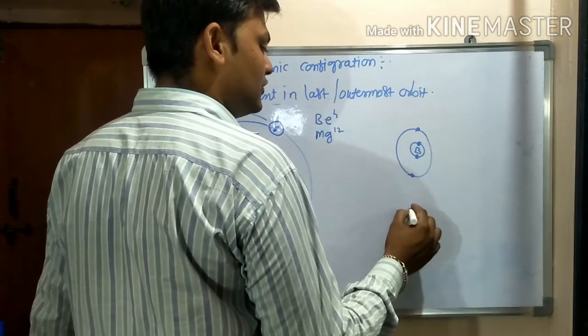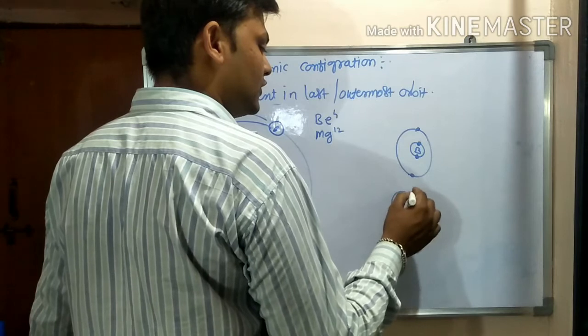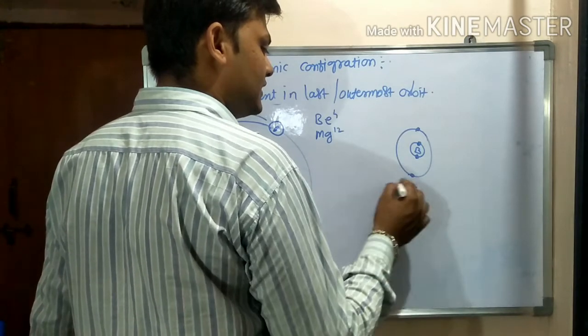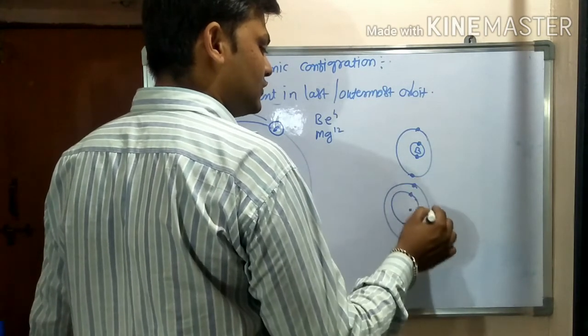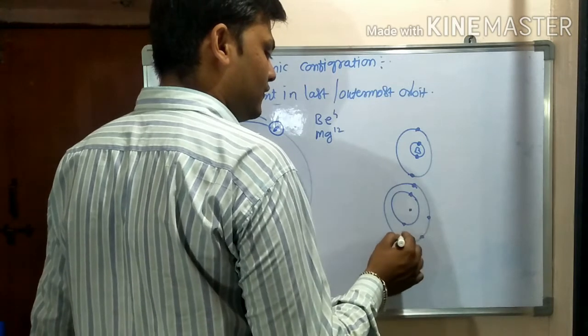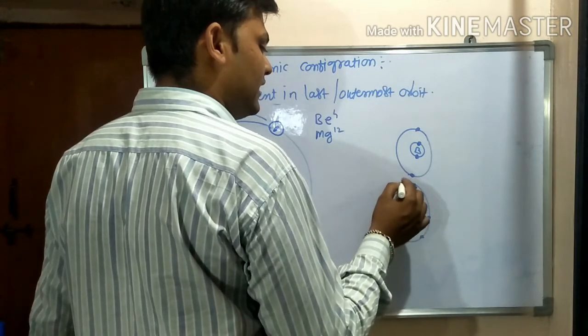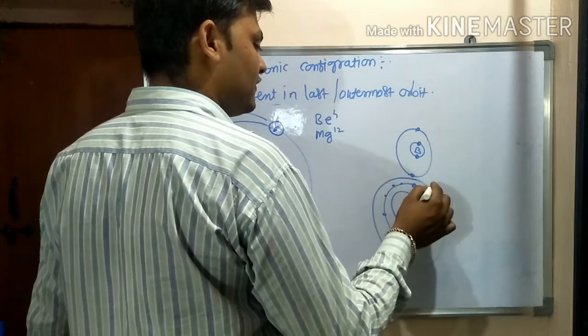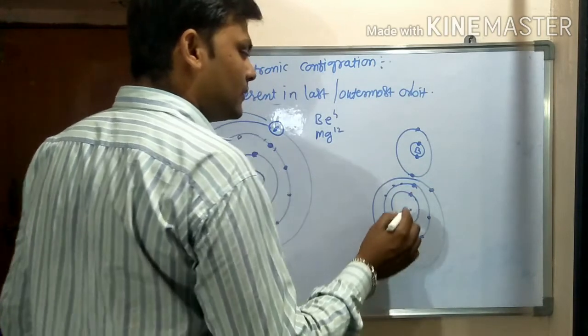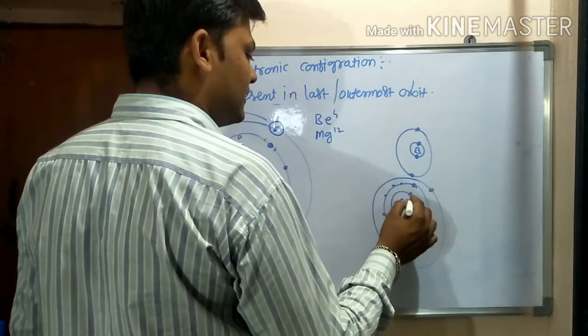In magnesium also we place in the first orbit 2, in the second orbit a total of 8, 3 4 5 6 7 8, and in the last orbit we'll place 2. So beryllium and magnesium, Mg.